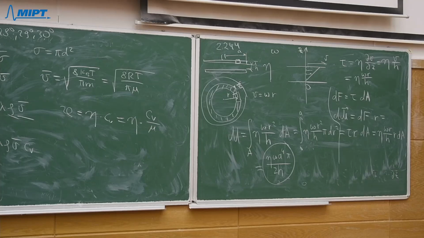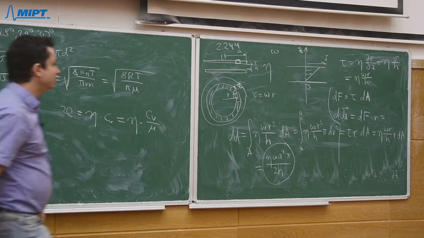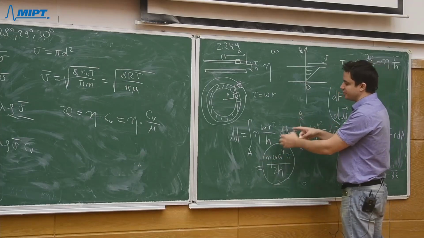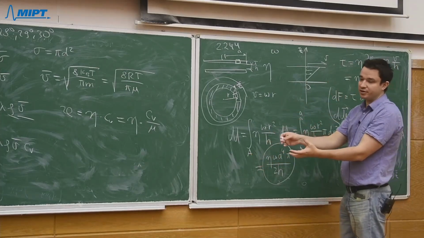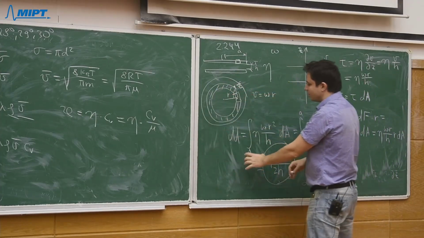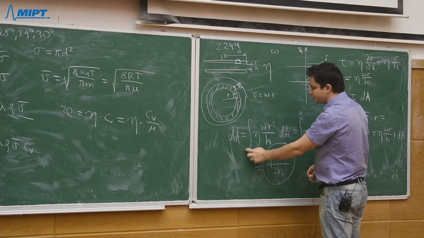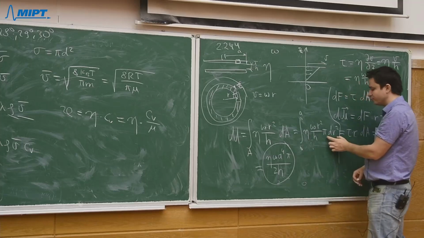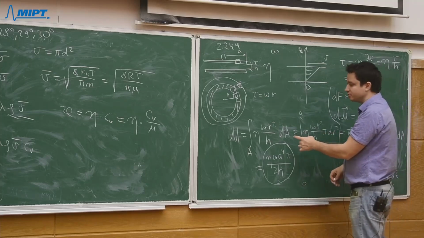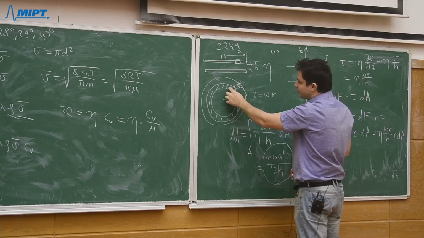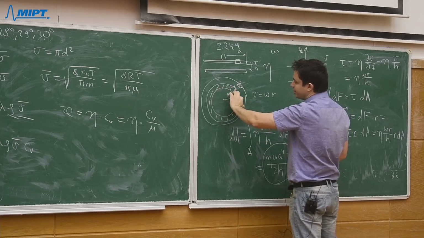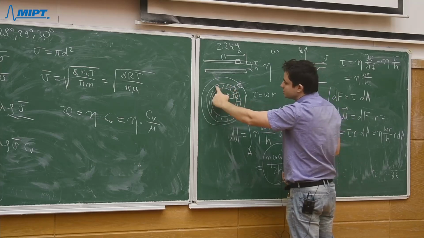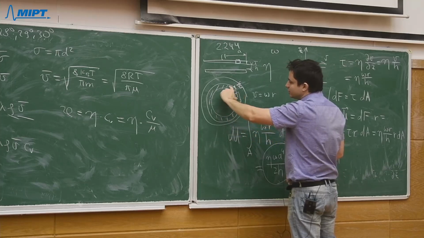Why did you change capital A to the small a? I didn't change the capital A to small a. Small a is the radius, capital A is the area of the whole disk. What I actually changed is that I changed integration over the area to the integration over the radius. From dA, I go to the dr. And the way I do this is that I combine all of these small areas which are located at the same distance r from the axis of rotation into a single ring.